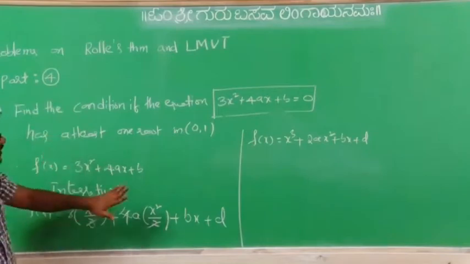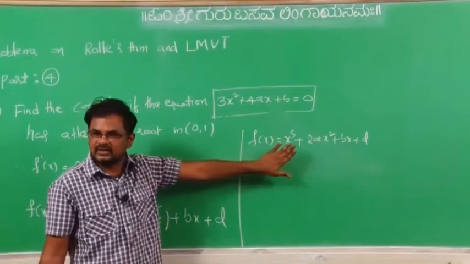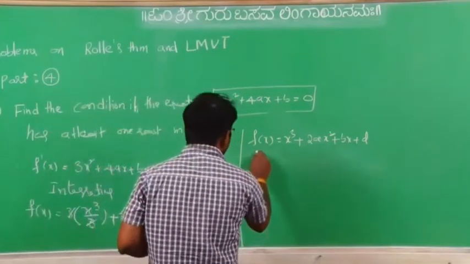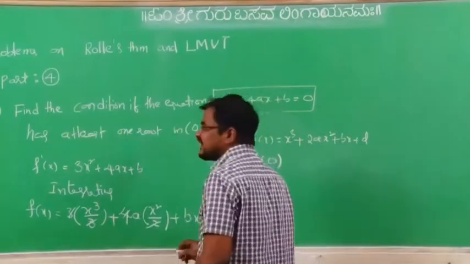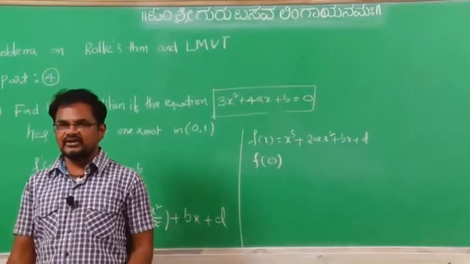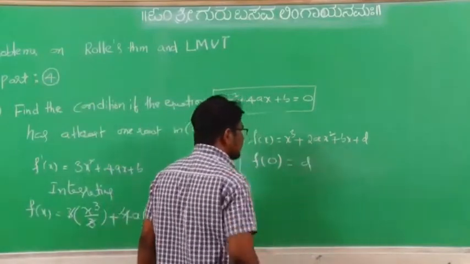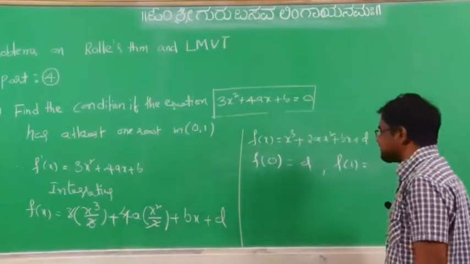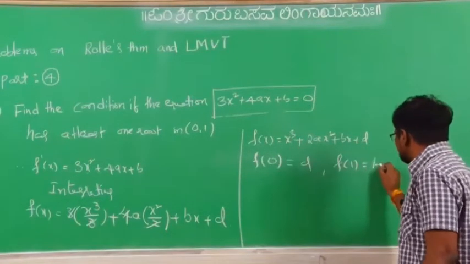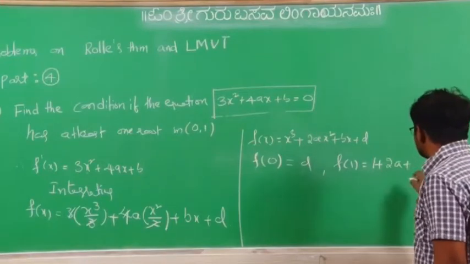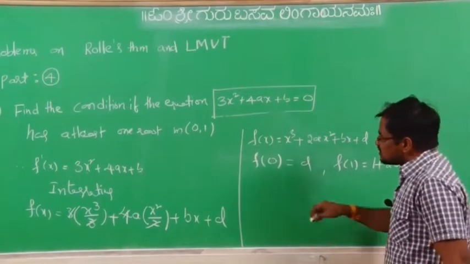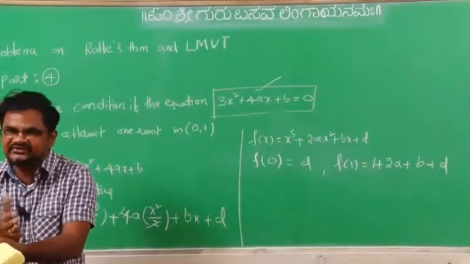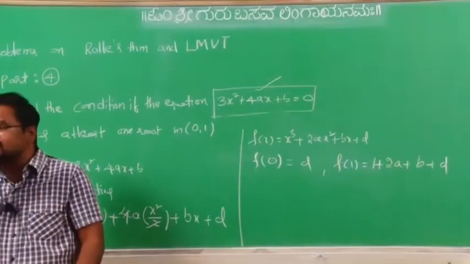This polynomial is continuous and differentiable in the given interval, and also f of 0 should equal f of 1. f of 0 is d, and f of 1, if you substitute, is 1 plus 2a plus b plus d. By Rolle's theorem f should be continuous, differentiable, and f of 0 equal to f of 1.